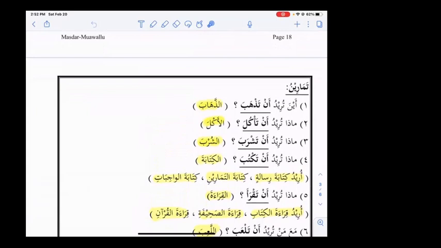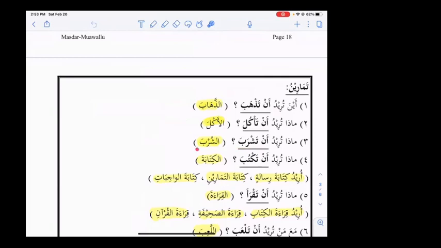See here, aina turidu an tazhaba. You can change that: aina turidu azhaba. Maza turidu an taqula. You can say maza turidu al akla. What do you want, eating? Maza turidu an tashraba.